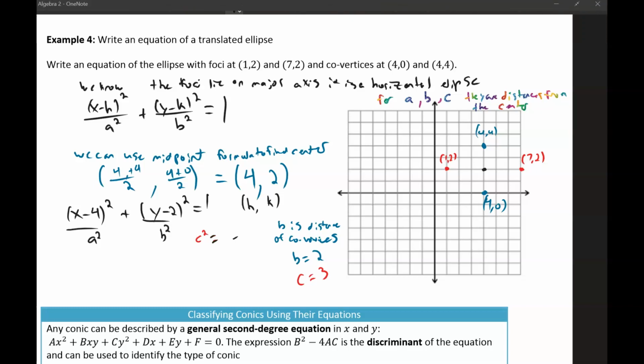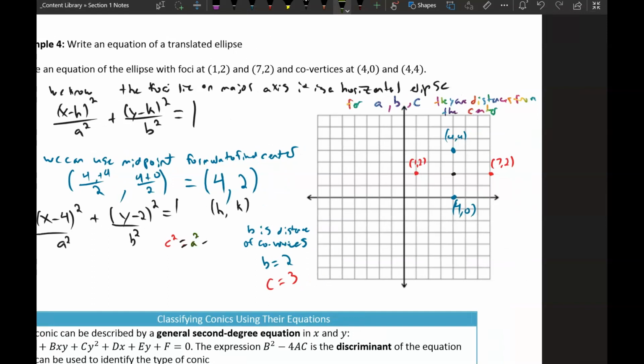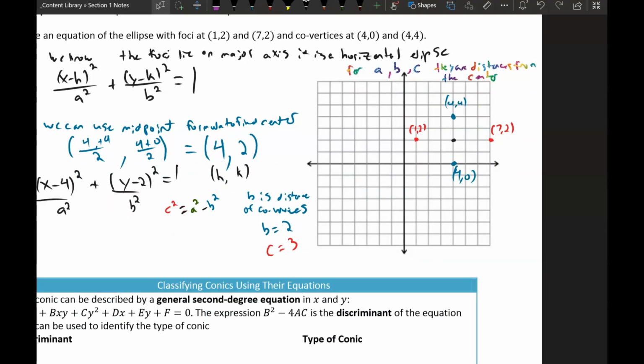A squared minus B squared. Or if you wanted to isolate A, you could add B. That would mean A squared equals C squared plus B squared.